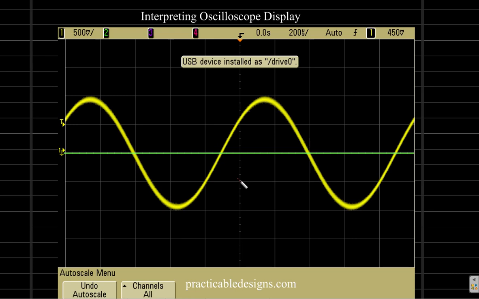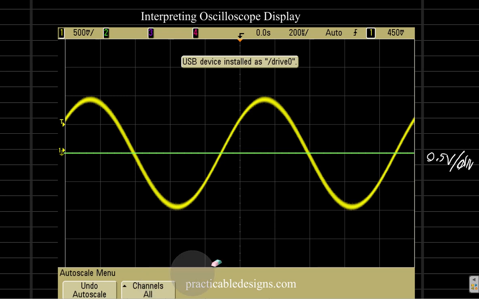Now, suppose you're looking at the oscilloscope and you set it at, say, 0.5 volts per division, right? Volts per division.